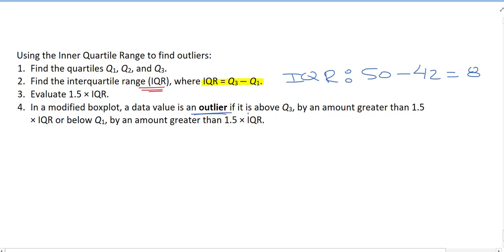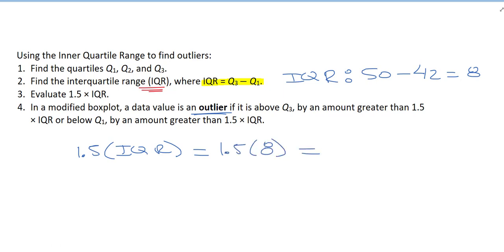And then 1.5 times IQR is going to give us the value for any outliers. So if we have any values above that, that's going to be an outlier. Or if we have any values below 1.5 times IQR below the first quartile, then that's going to be an outlier. So 1.5 times IQR in our case is going to be 1.5 times 8.